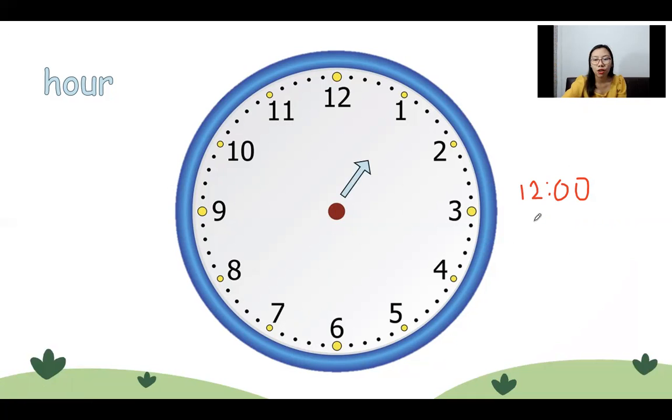Now, for example, the short hand points at 1. Now, how do we write it or how do we say it? It's 1. 1:00. What about 2? 2:00. If the short hand points at 3, we say 3, or we just write 3.